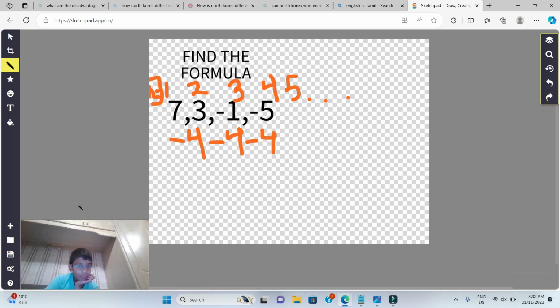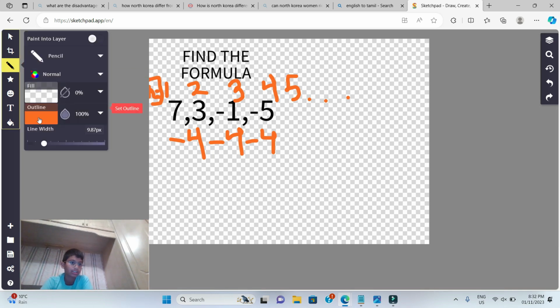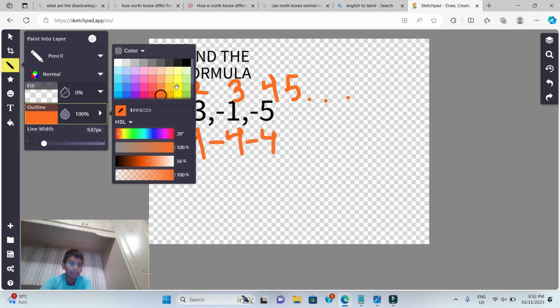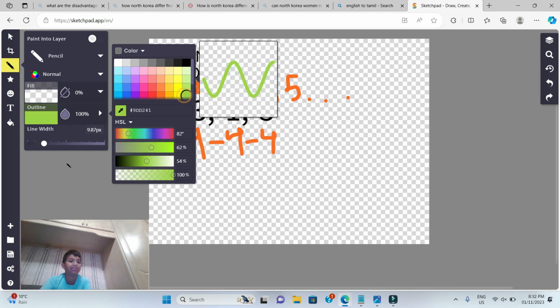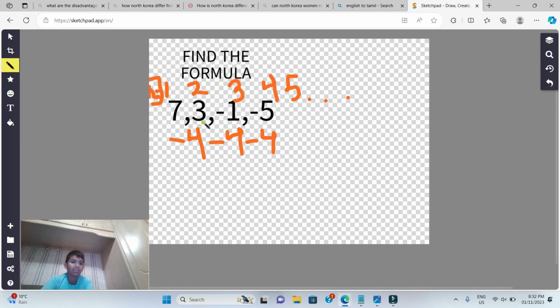Okay, so the trick here is to take this one. Let me choose a different color to explain what I'm telling. Take the minus 4 because we are minus 4 each time. Write a minus 4. Remember this n I told?